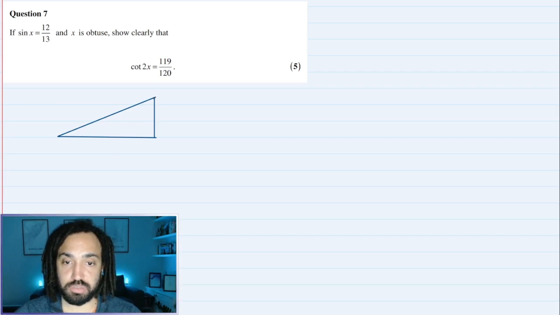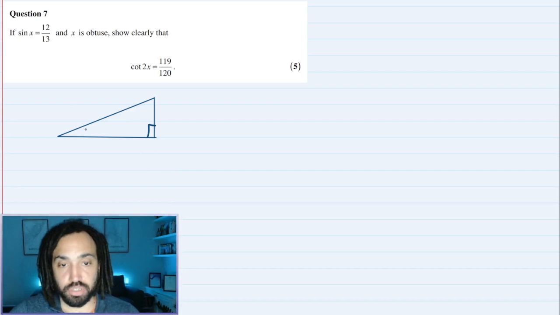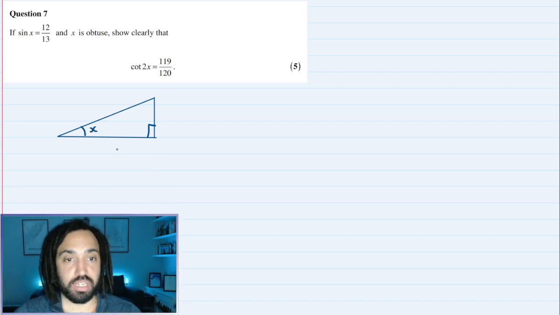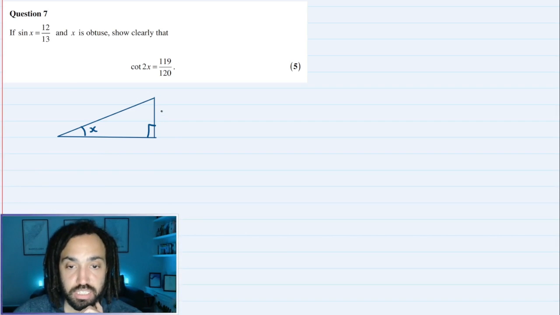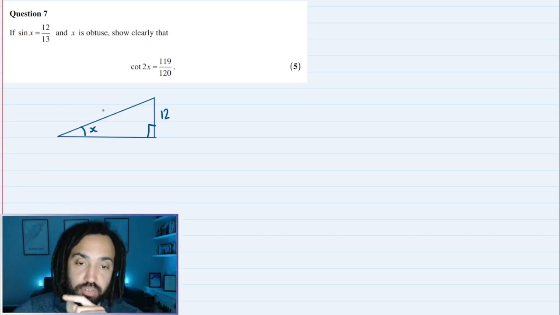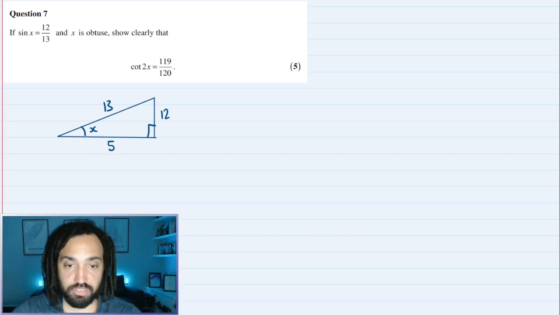It's the most efficient way of doing it. It's just beautiful. So what you do is you put your angle in there, and because we know sine x is 12 over 13, sine is the opposite over the hypotenuse, we can then do Pythagoras' theorem to find the other side, and that will give me 5.